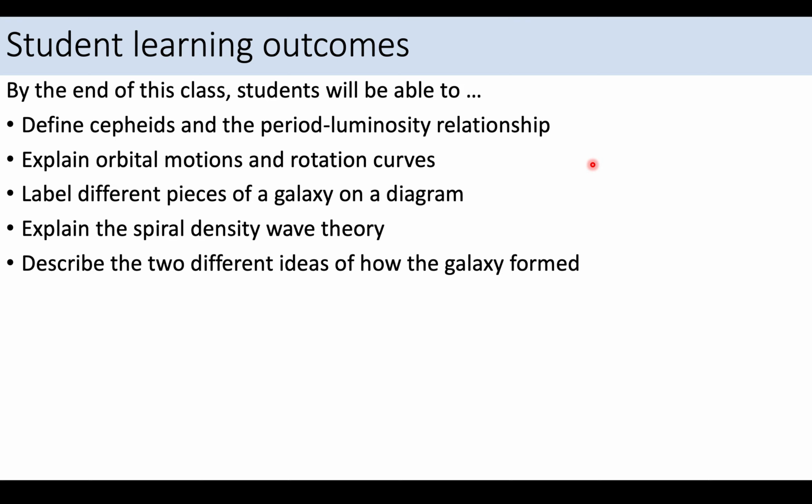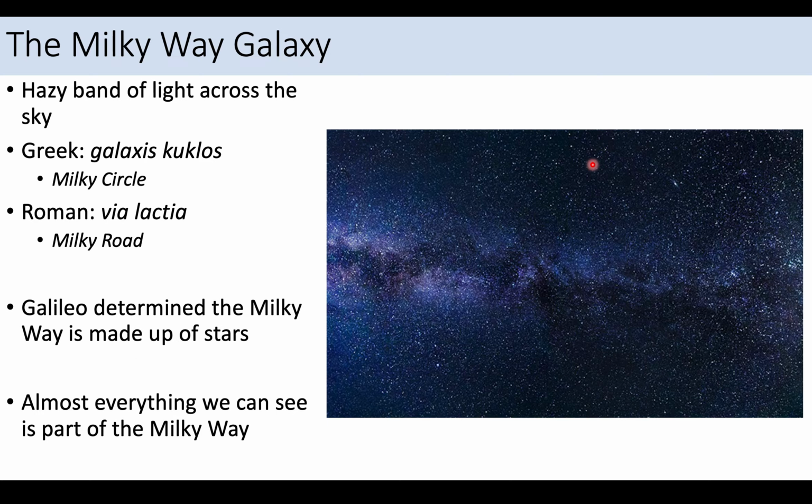You'll be able to define the different key pieces of the galaxy and actually point to where they are, and also explain the spiral density wave theory. And then the last thing we're going to do is go over the two different hypotheses for how our galaxy actually formed. That'll be what we do last.